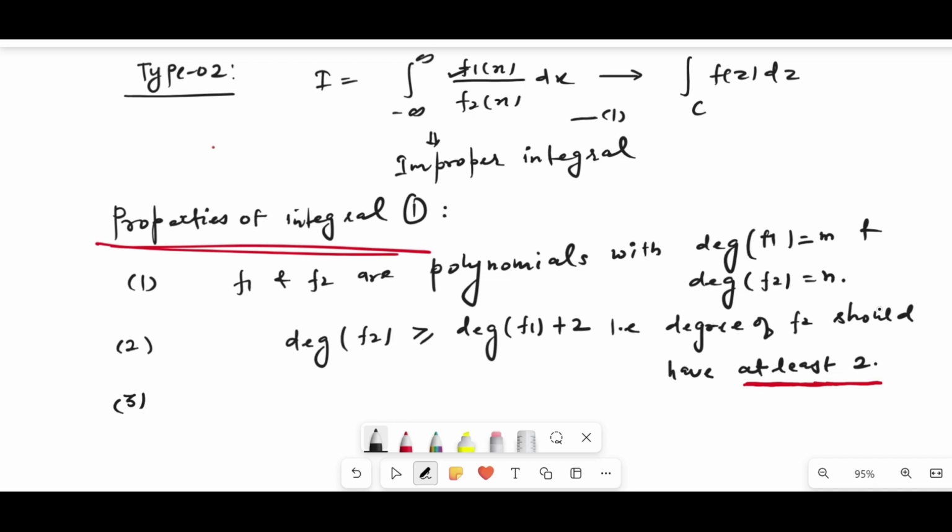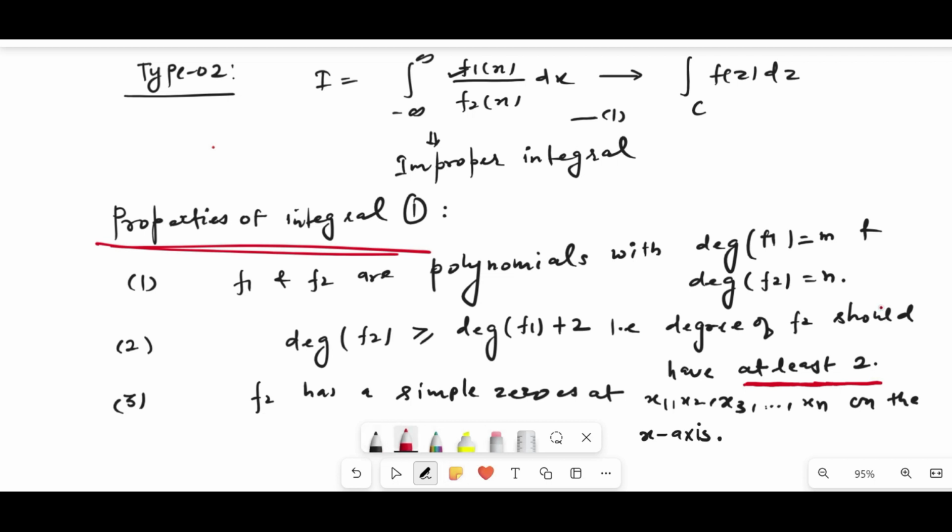That is very important. And the third property is that f2 has simple zeros at x1, x2, x3 up to xn, because the degree of f2 is n, so the zeros will be n, and all the zeros lie on the x-axis.